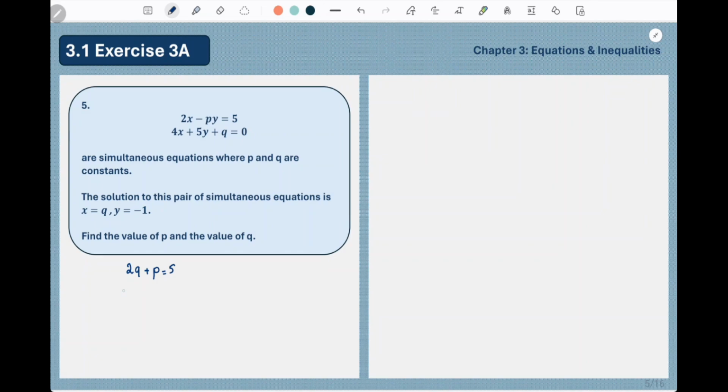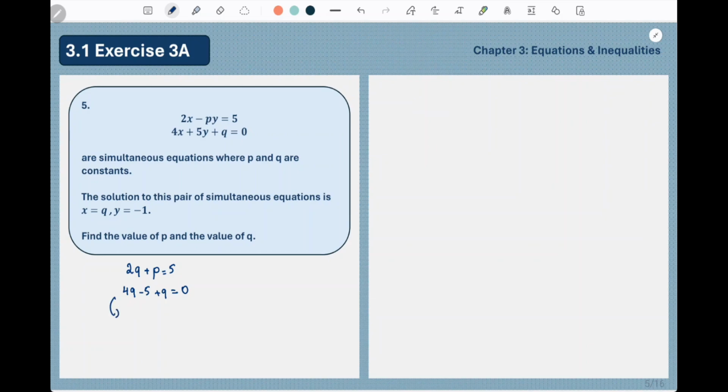And for the second equation, it's going to be 4q minus 5 plus q equals 0. So we're already there. We're going to focus on the second one. The second one has only one variable, so it's easy to solve.